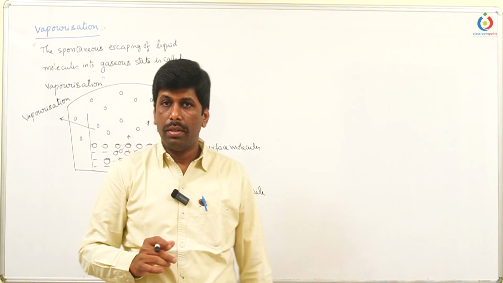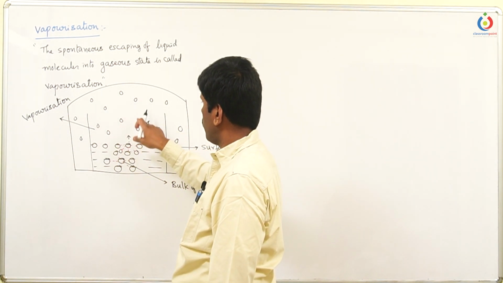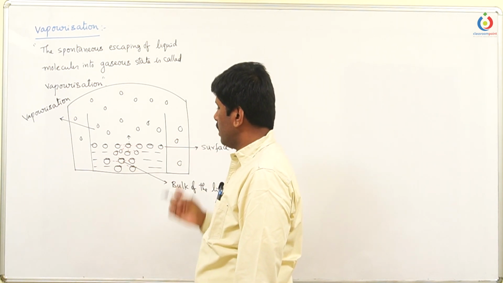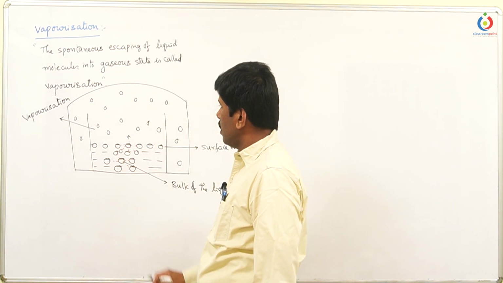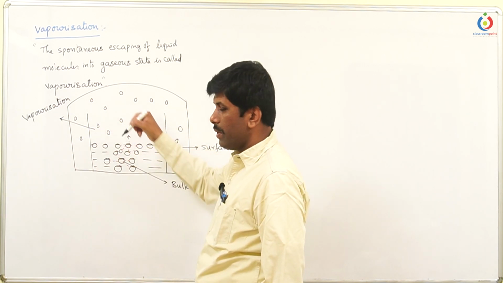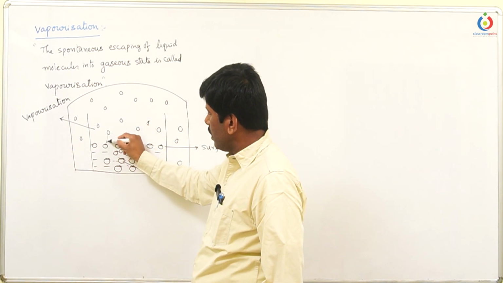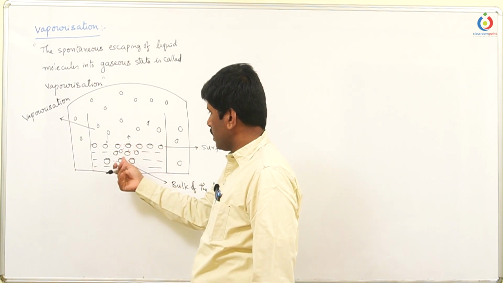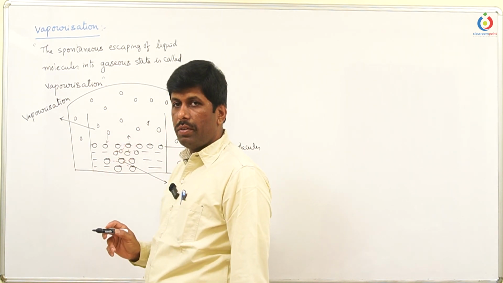Once the liquid enters the vapor or gaseous state, all these molecules have gas properties. According to the kinetic molecular theory of gases, these molecules move randomly in all directions with high velocities, so they may collide with each other and also with the surface of the liquid. Whenever they collide with the surface, they get attracted towards the liquid by attractive forces, so the gas converts back into the liquid state.